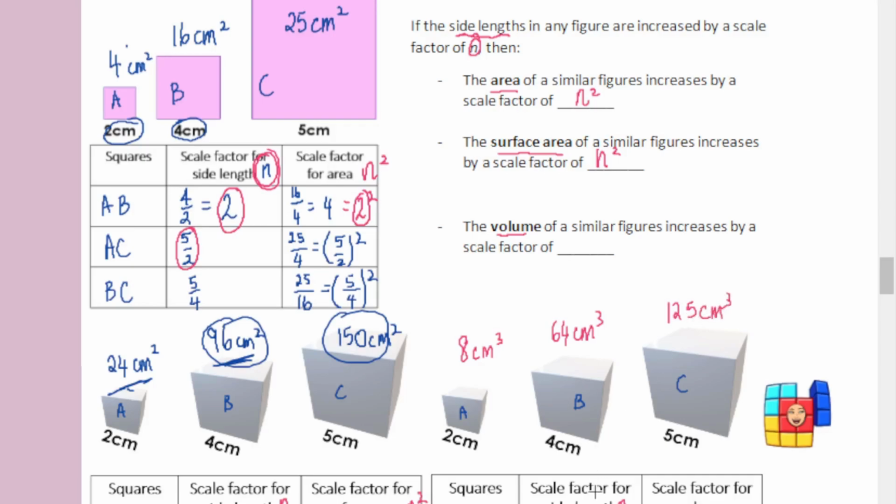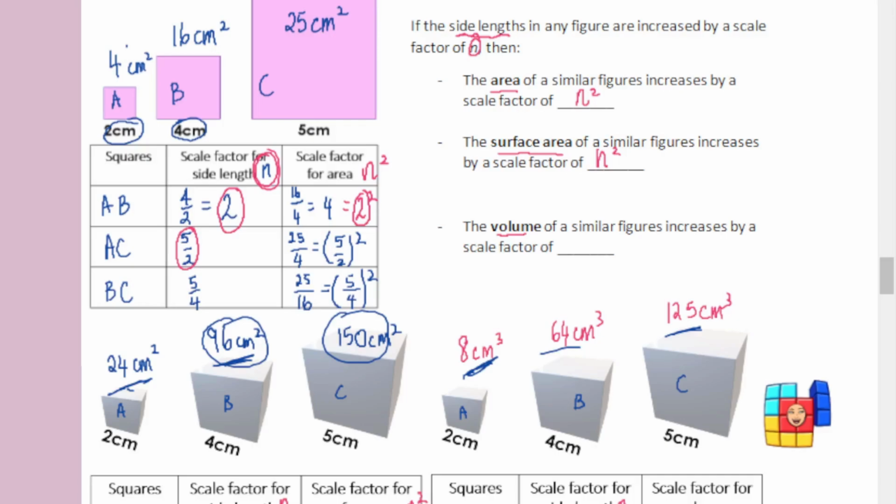Let's find the scale factors of these three shapes. So AB would be, what is AB? So 8 and the 64, so 64 over 8 is equal to 8. And we have the scale factor for AC, so that's A and C, so 125 over 8.